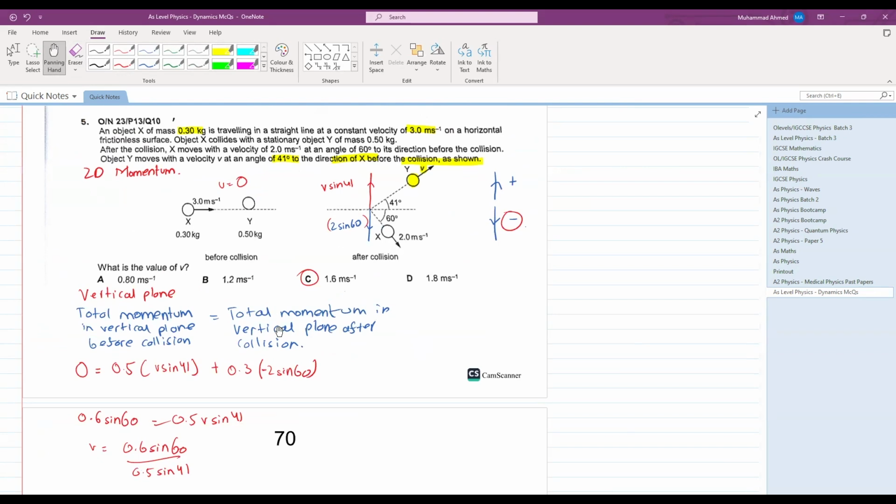And after collision, there are two vertical velocities. These are basically vertical components of the diagonal velocities. One is acting downward, so I have placed a negative sign with it. One is acting upward, so I have placed a positive sign with it. Total momentum before collision equals total momentum after collision, and your V comes out to be 1.6 m s^-1.